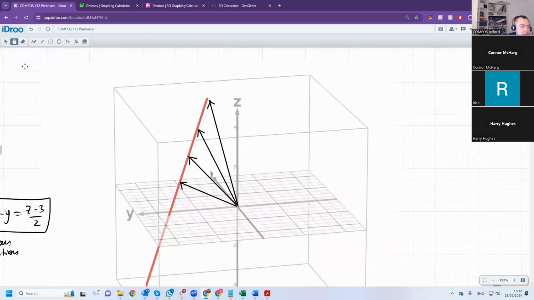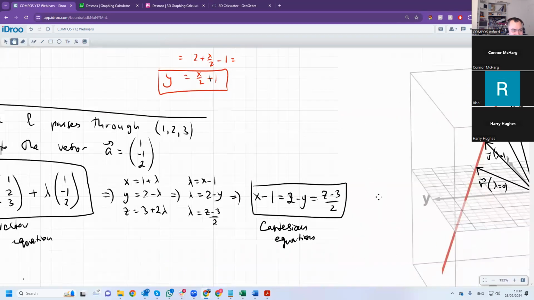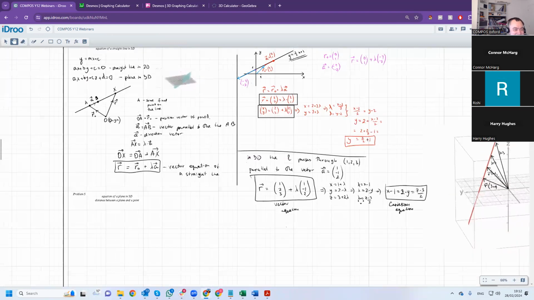So if lambda is 0, this is vector r; if lambda is 1, this is vector r; lambda equals 2, lambda equals 3, etc. So I hope that makes sense. I hope I haven't lost you.